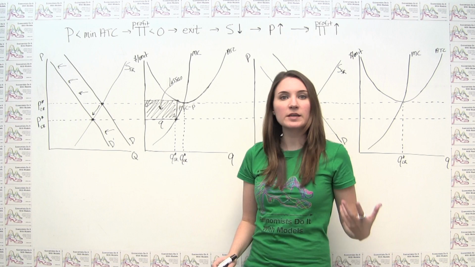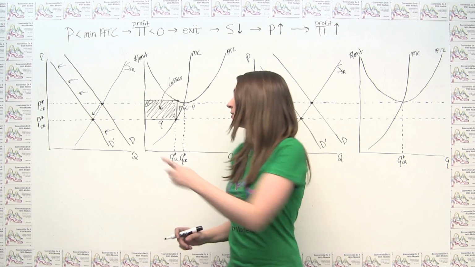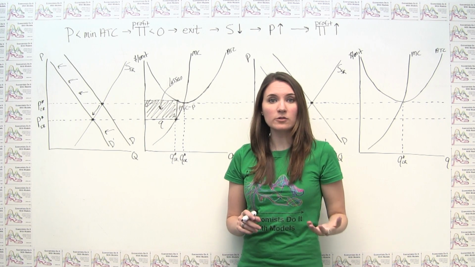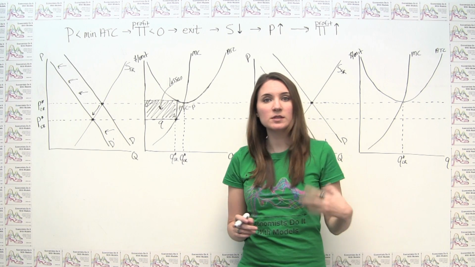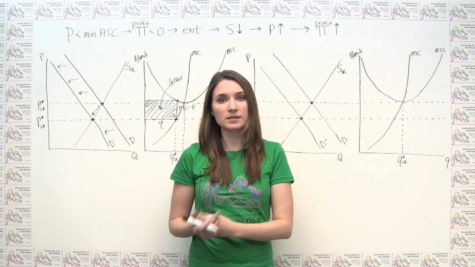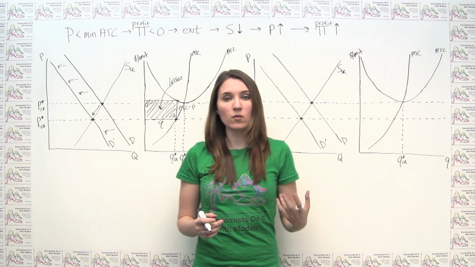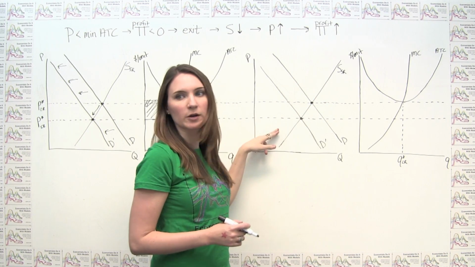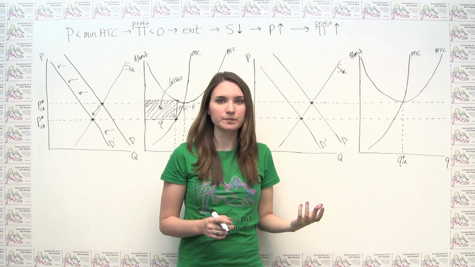Because we see firms making negative economic profits or economic losses in the short run, as we described here, we know that in the long run that's going to induce exit by firms, because they're going to leave this industry and seek better opportunities elsewhere. So we can think about what impact this has on the long-run situation, both for the market overall and for the individual firms in the market.